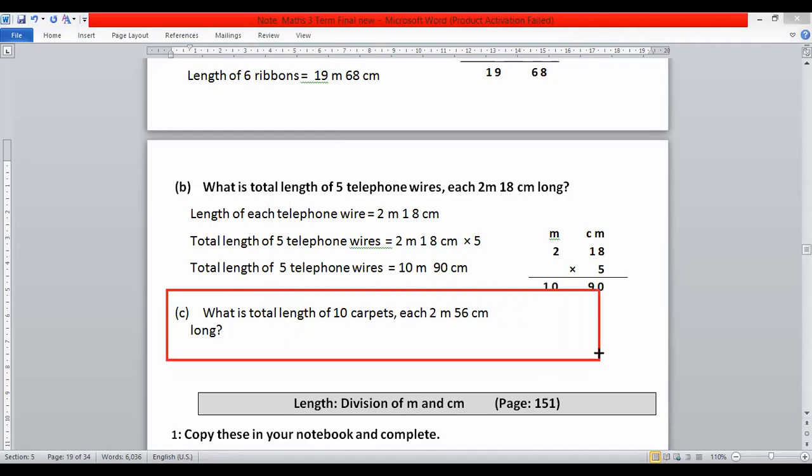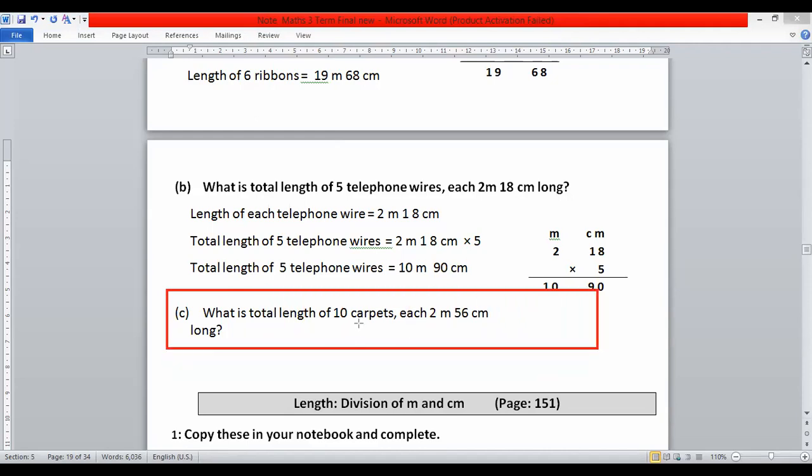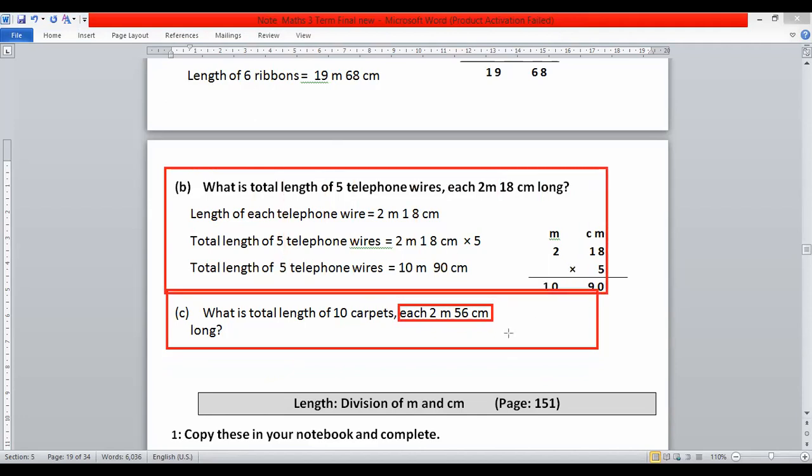This is your homework. What is the length of 10 carpets, each 2 meter and 56 centimeter long? So if you understood this, definitely you can solve part C. So all students are required to solve question 1 in your mathematics book.